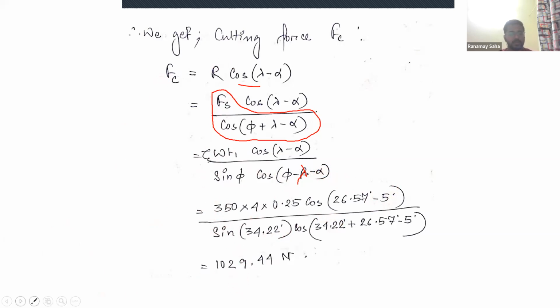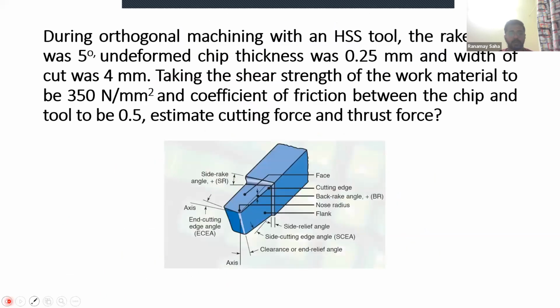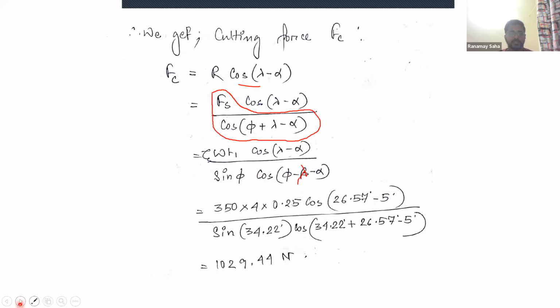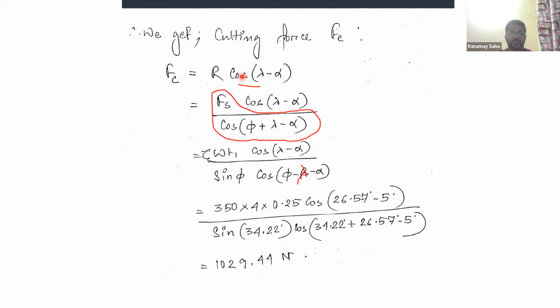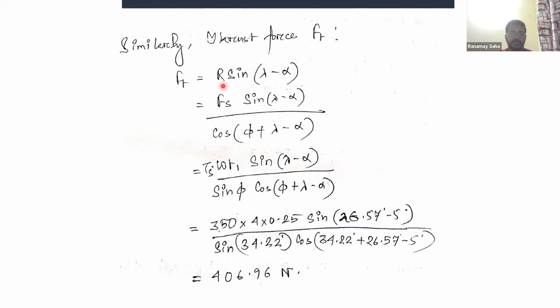Now, there has been a second part in which a thrust force has to be determined. So through the same process, you just replace the value of thrust force as R. This is a cosine of lambda minus alpha. Here you have sine of lambda minus alpha.